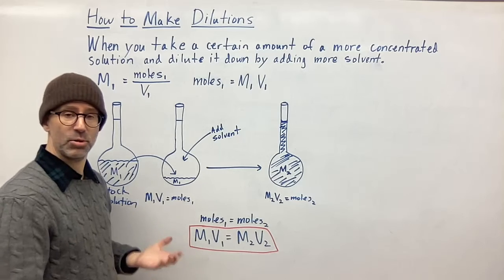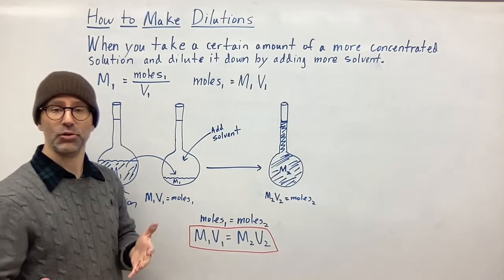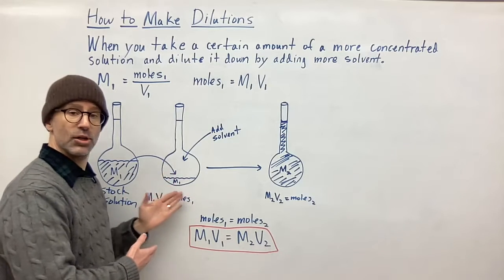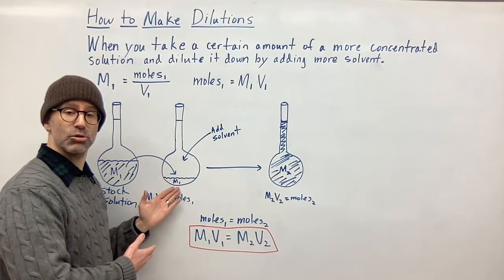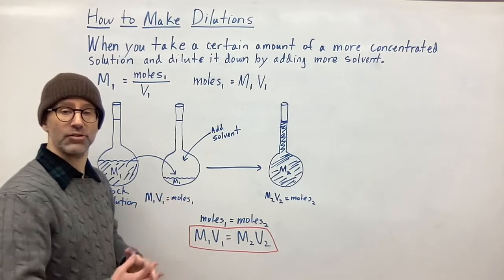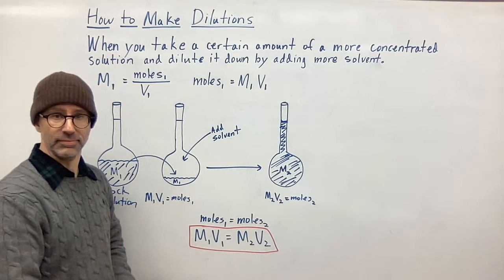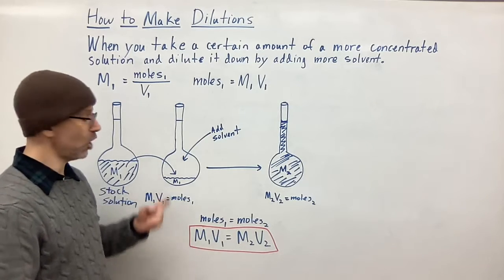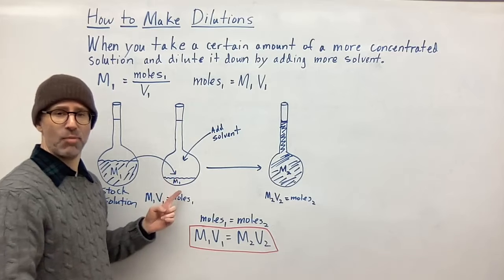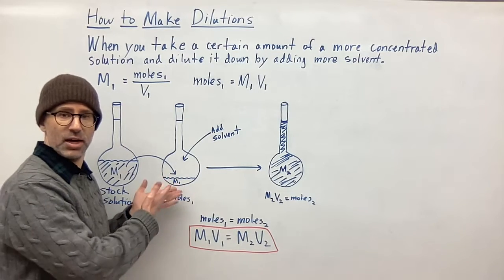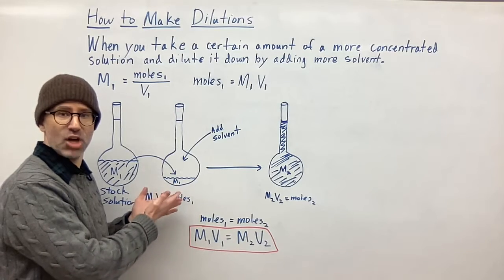Now all I'm going to do is add water. So let me ask you this: if I add water to this volume of solution, am I going to change the number of moles of my solute? And the answer is no. I'm not adding any more solute, any more of the substance dissolved in here.